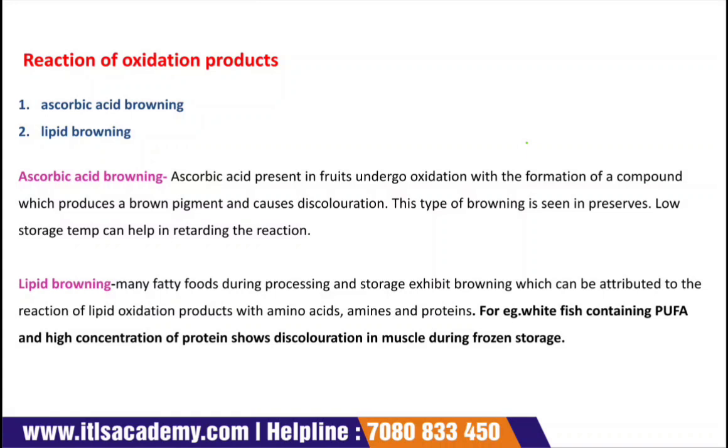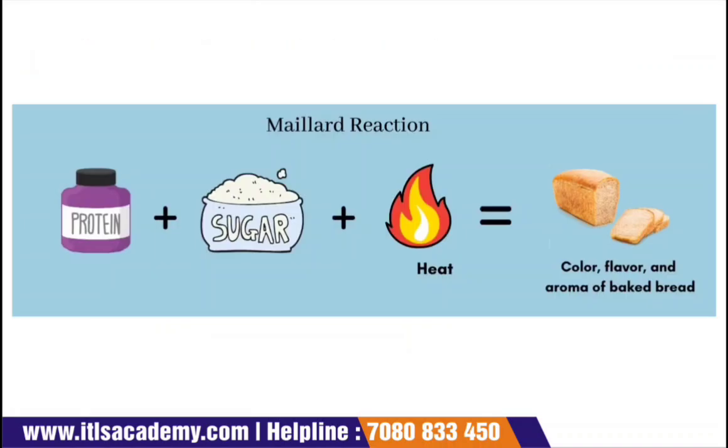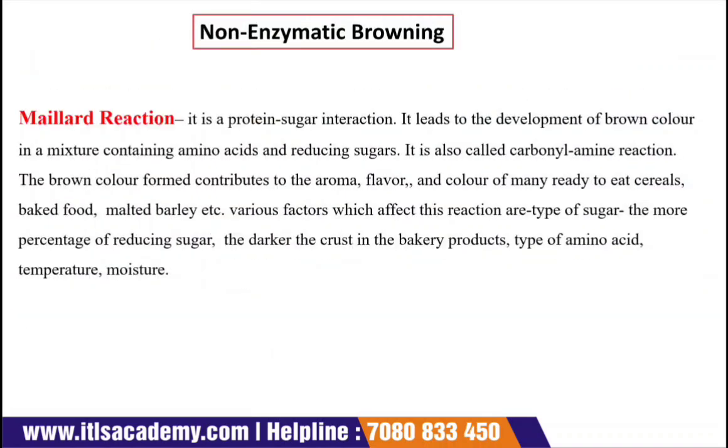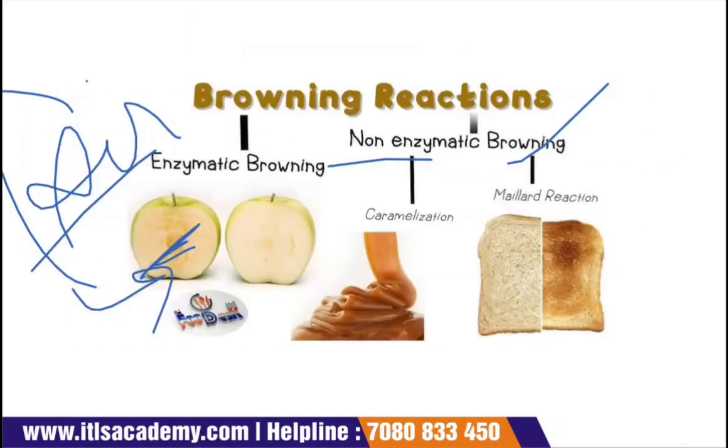We have already discussed the method also. As far as the lecture is concerned, the Maillard reaction is very important, because most of the questions come through it. And what is the difference between enzymatic browning and non-enzymatic browning?